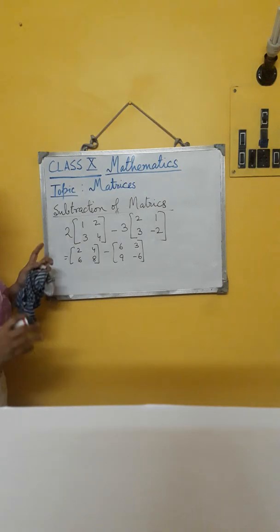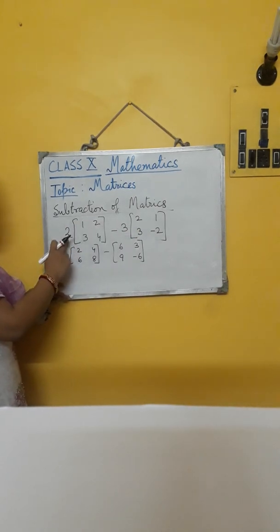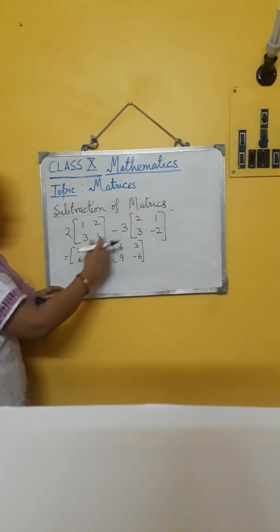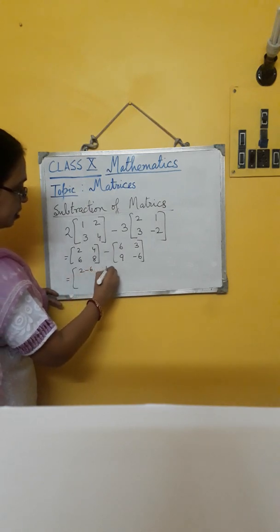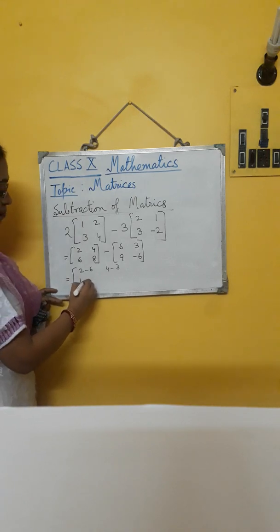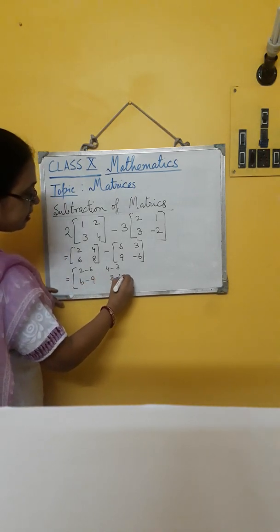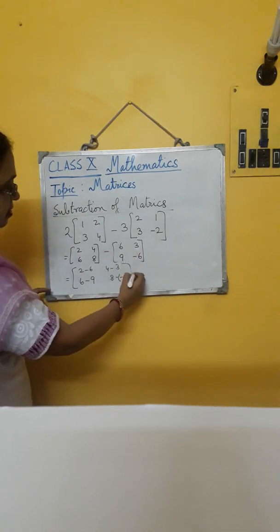So first, before subtraction, I multiply the elements with the number 2 outside, and here the elements are multiplied with 3 outside, and then I subtract. So 2 minus 6, 4 minus 3, 6 minus 9, 8 minus of minus 6, because there is a minus sign here and a minus sign here.